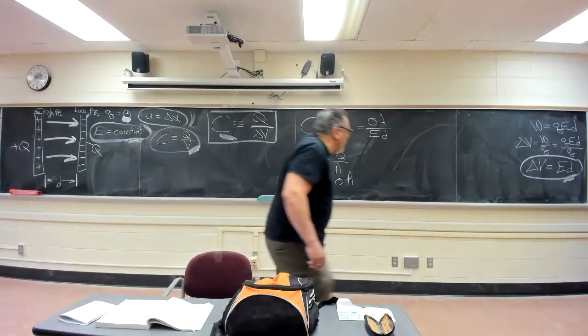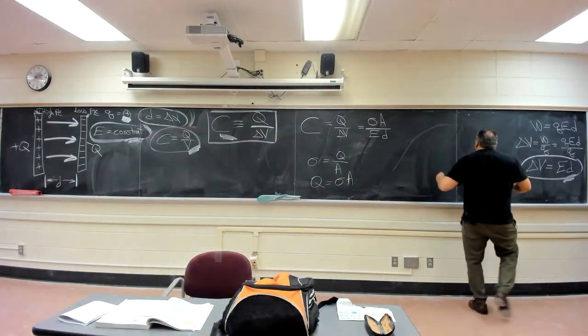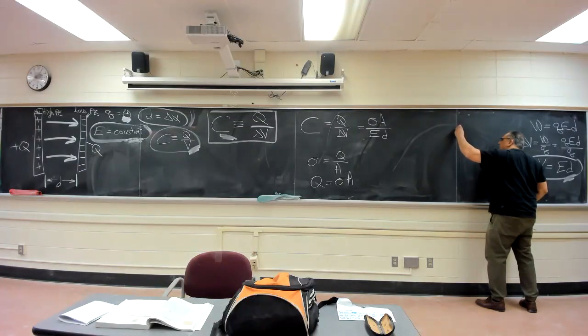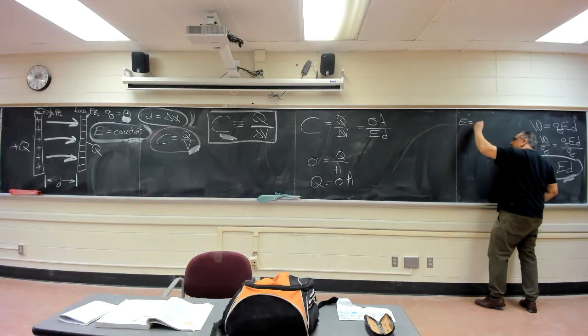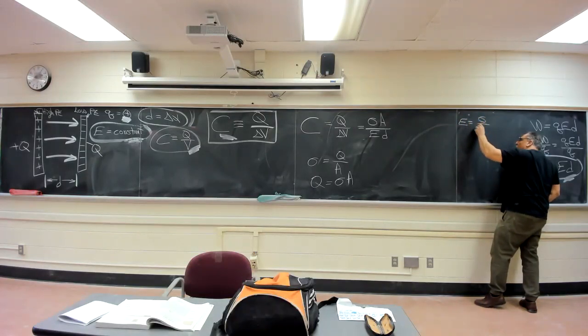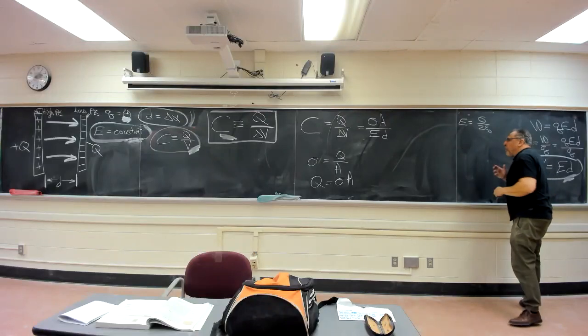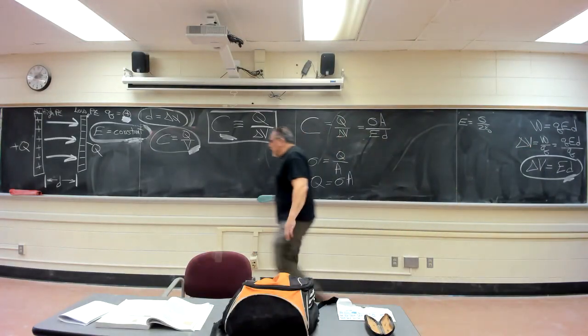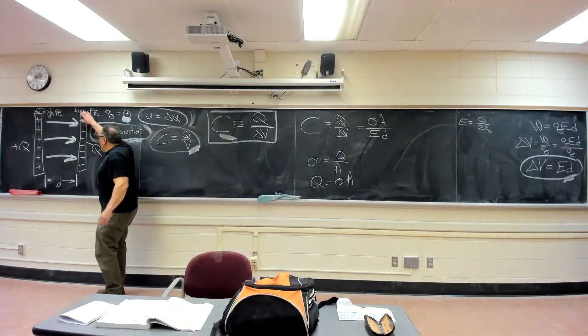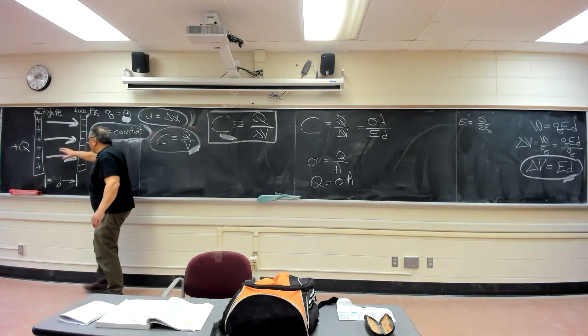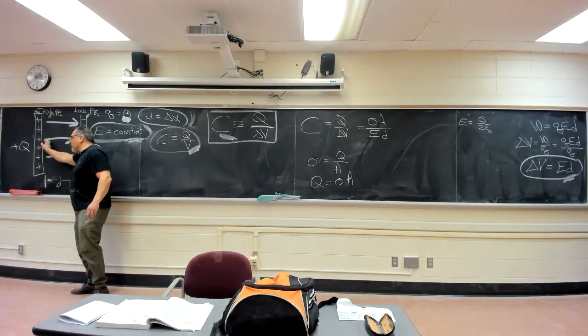Now what happens is, for one of the plates, the magnitude is sigma over 2 epsilon naught. If you just look at this, you put something here, the E field is the same everywhere at any height.